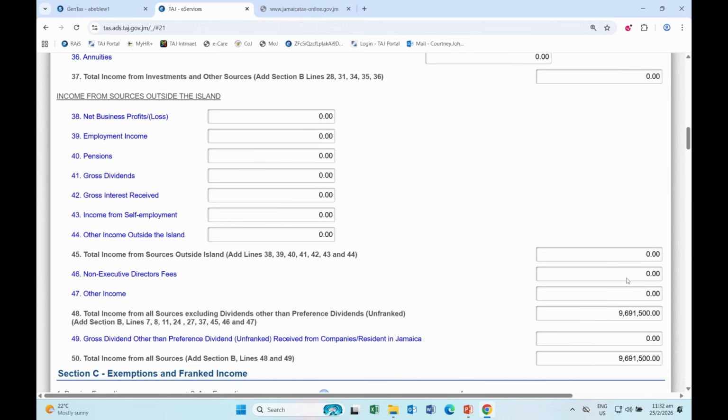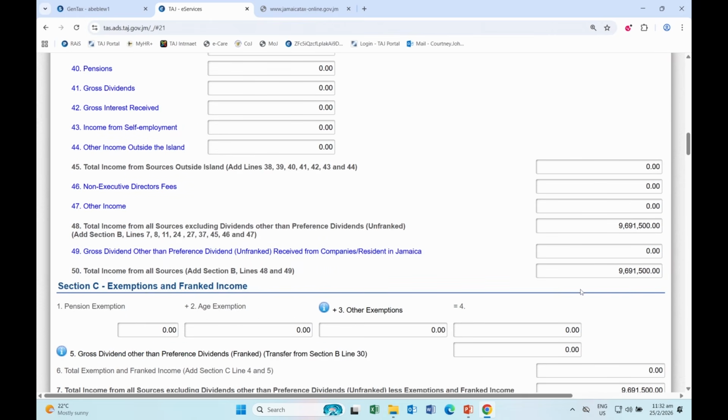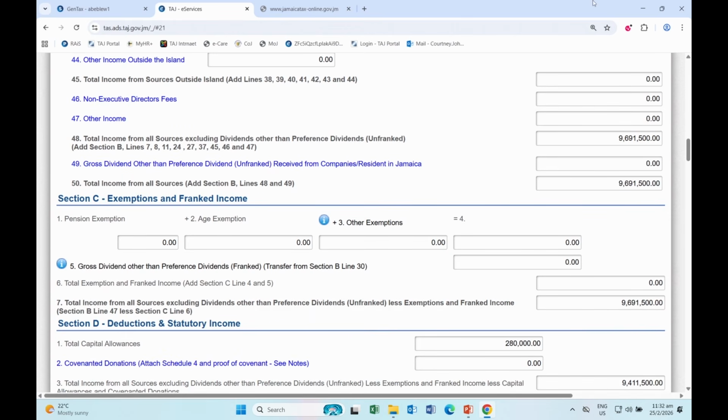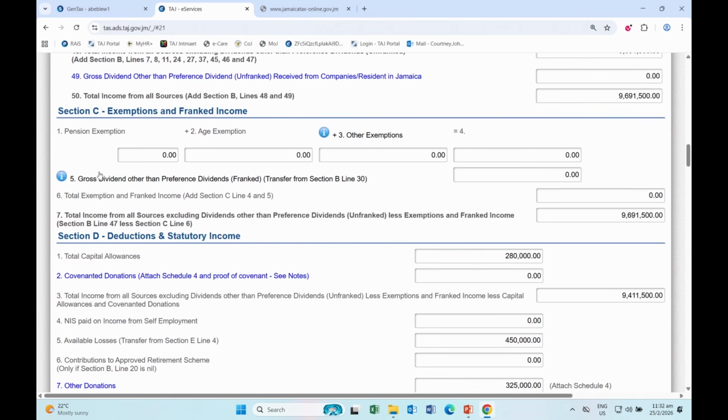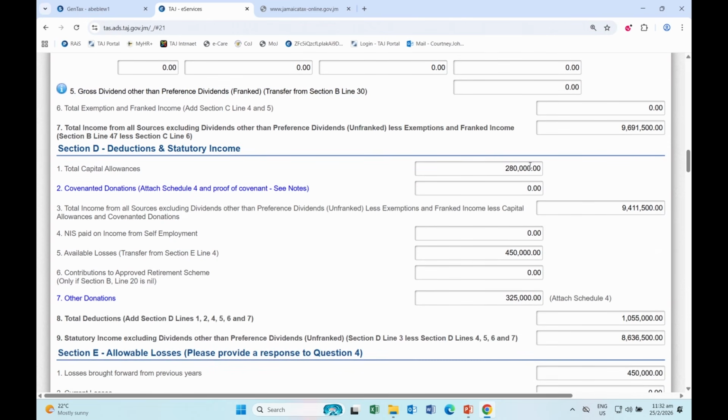Now, when we total all of this income together at line 50, the total income was $9,691,500. Now, we're not there yet for the tax part of it. This is just his total income. But relative to the deductions, there would have been capital allowance deductions, allowable losses, and donations.